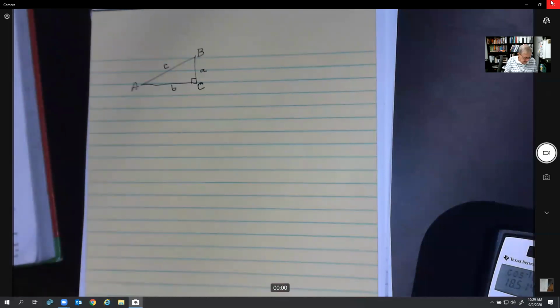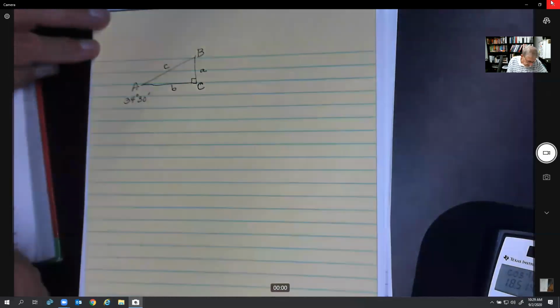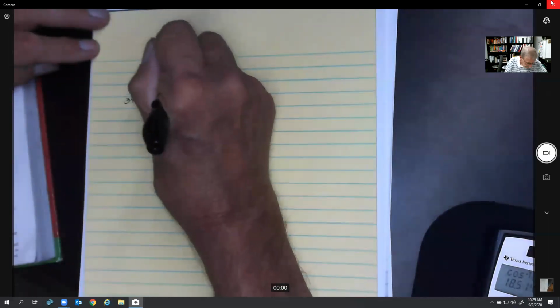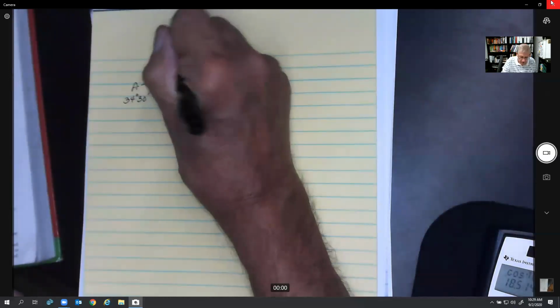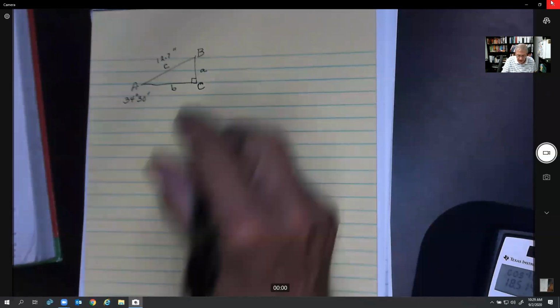In this case, they gave us this triangle and they said A was 34 degrees 30 minutes. And C was 12.7. And what we have to do, this was inches, put 2 little marks. Okay. And then what they want us to do was find side A.